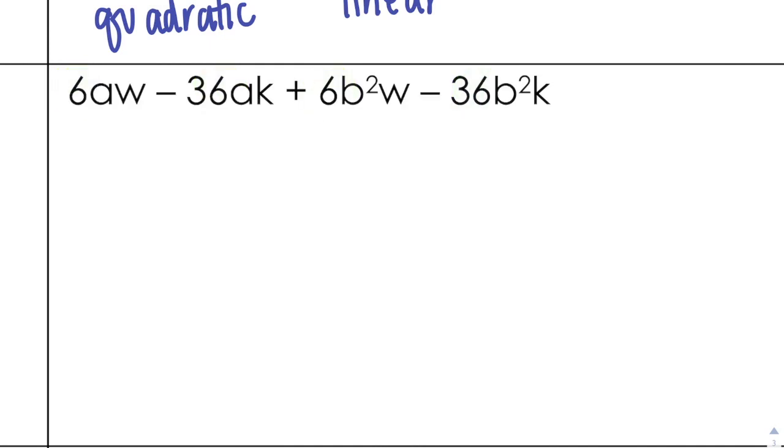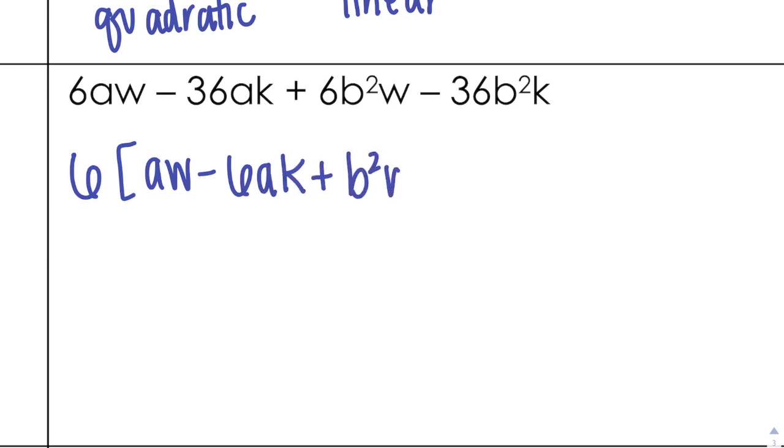So I'm going to start by taking out 6. These have an A in common. Those have B in common, but there's not a variable that everything has in common. So if I take out the 6, I'm going to be left with AW minus 6AK plus B squared W minus 6B squared K.